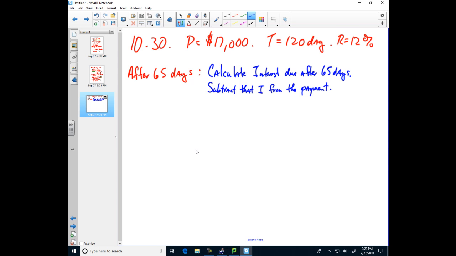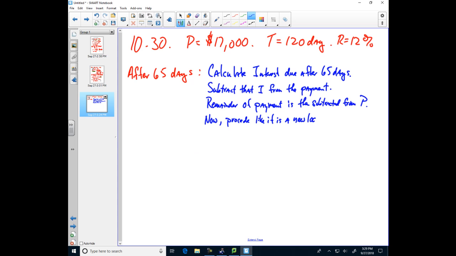The remainder of the payment is then subtracted from P. Now proceed like it is a new loan with a new P, because it is a new P.